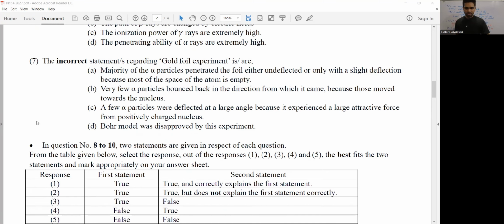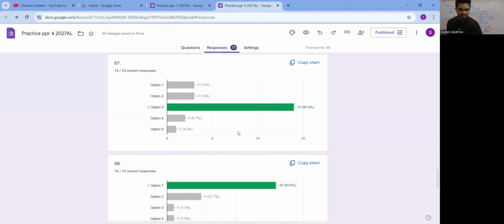Okay, the seventh one, about the gold foil experiment. Most of you should have got the correct answer for that too. Let's see how many of you got the correct answer for the seventh one. Okay, 14 of you got the correct answer. Some of you took answer 1 and 2 also. Why?